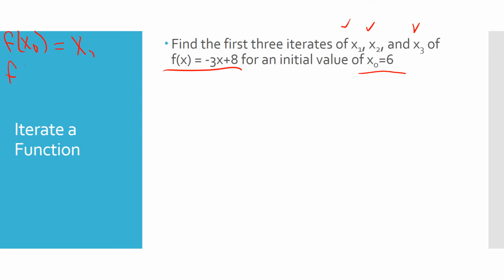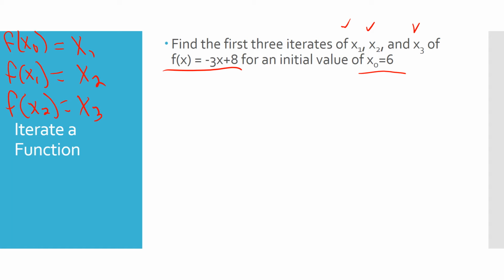And then f of x subscript 1 is going to equal x subscript 2. And f of x subscript 2 is going to equal x subscript 3. So what we can say here is that iteration is the process of repeatedly composing a function with itself.